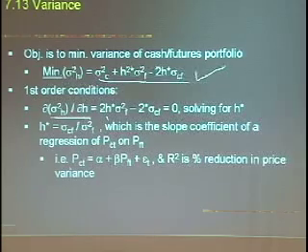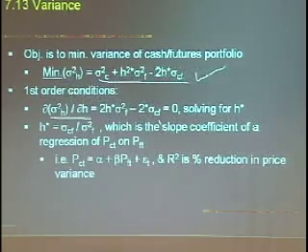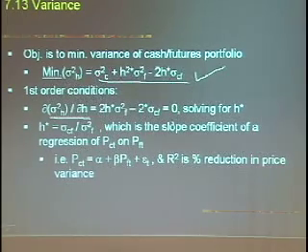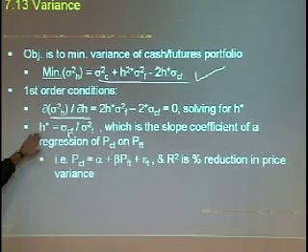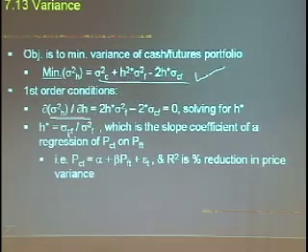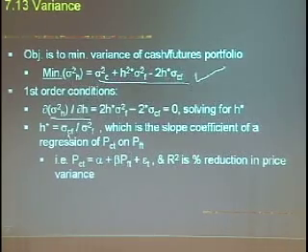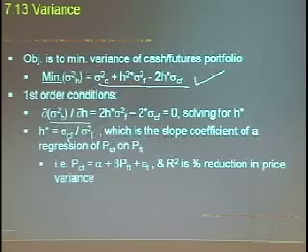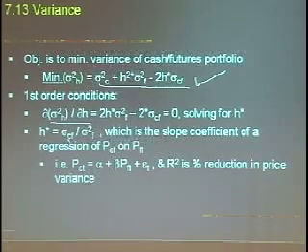This gives us 2h times the variance of futures minus 2 times the covariance between cash and futures. Just take the first order condition of this expression, set it equal to 0, and solve for h. And you see that h star, which is our optimal hedge, is equal to the covariance between cash and futures divided by the variance of the futures price. If you recall back to Econometrics 106, you might recognize that as the same as the slope coefficient if you regress cash on futures.